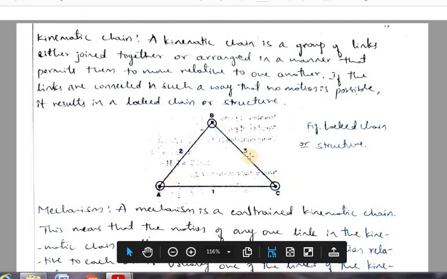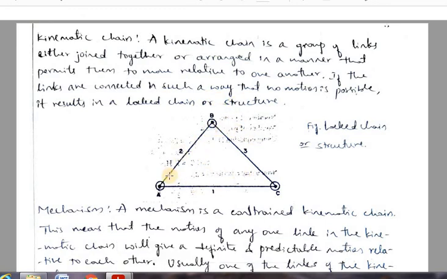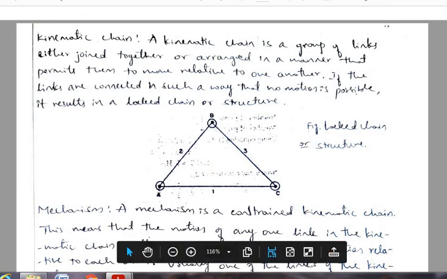These three links are connected in such a way that no relative motion is possible between them, so they are fixed in their position. Such links are called a locked chain or structure. If relative motion is possible between them, then it is called a kinematic chain.